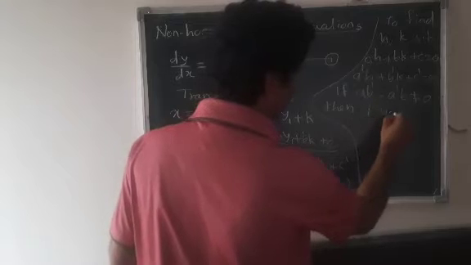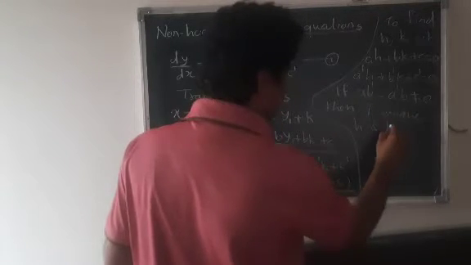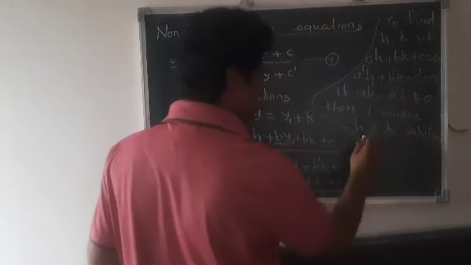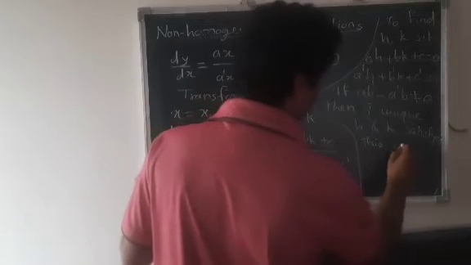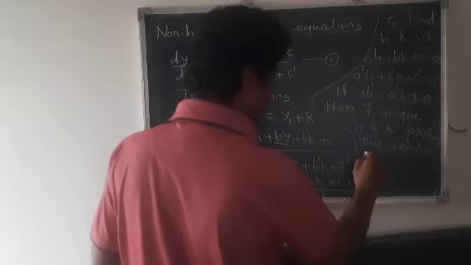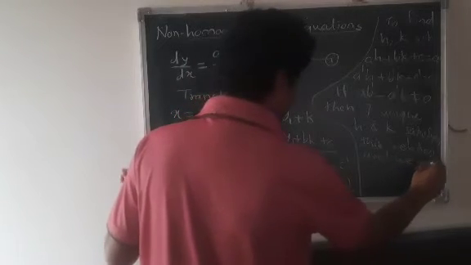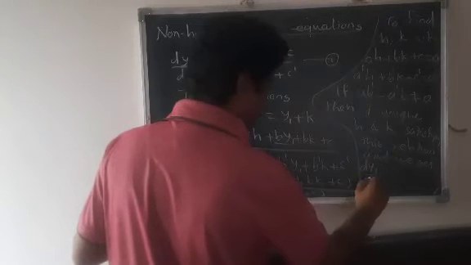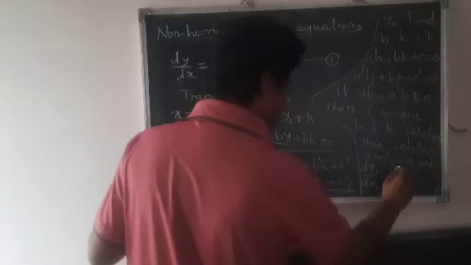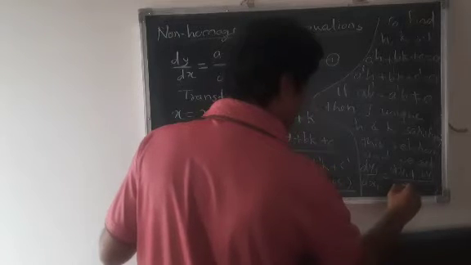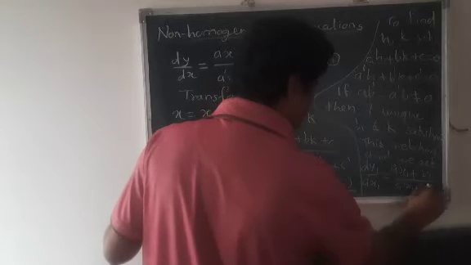Then there exist unique h and k satisfying this relation, and we get the homogeneous equation dy1 by dx1 equal to ax1 plus by1 divided by a dash x1 plus b dash y1.